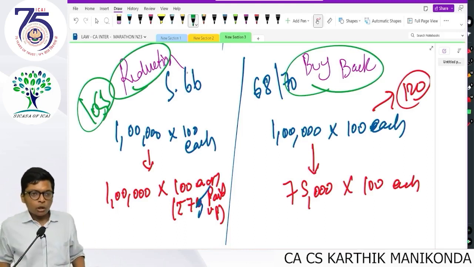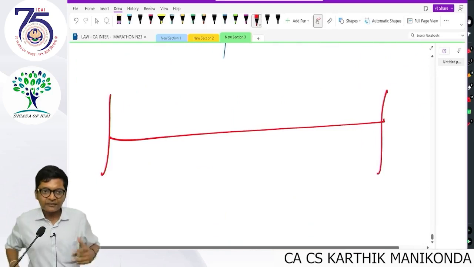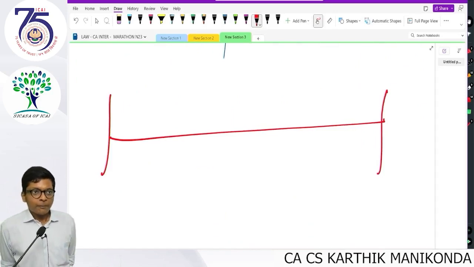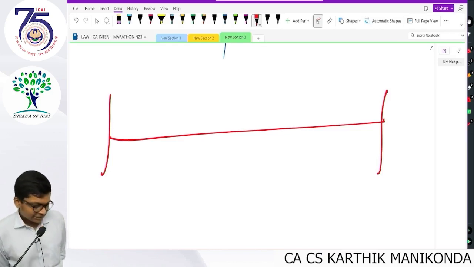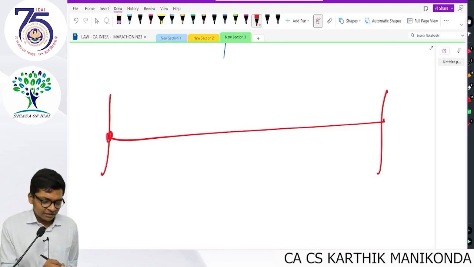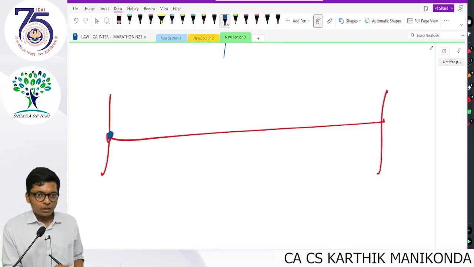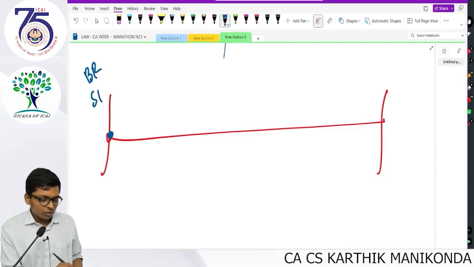Okay. Now, I'm going to finish buyback. One timeline, guys. Buyback will get over. Buyback is one of the biggest procedures we have in the share capital chapter itself. We will easily finish in this timeline. For buyback, what resolution? Board resolution or special resolution?